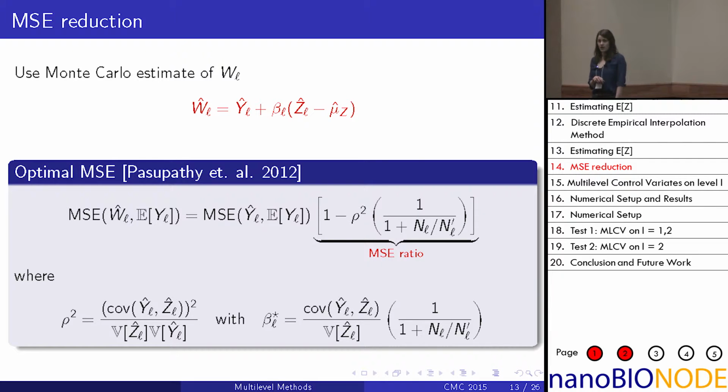So the mean square error of our multilevel control variate term is going to be the mean square error of our multilevel Monte Carlo term plus what I've called this mean square error ratio, which is 1 minus rho squared times this additional fraction. Our rho squared is going to be similar to what it was before, and we want that to be close to 1. Then our optimal beta is given by beta star L. All of these can be calculated with our data set that we use to calculate Y_L and Z_L.